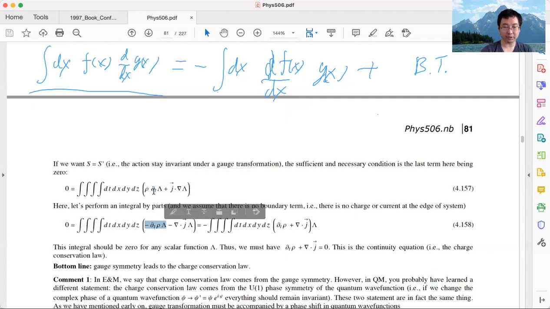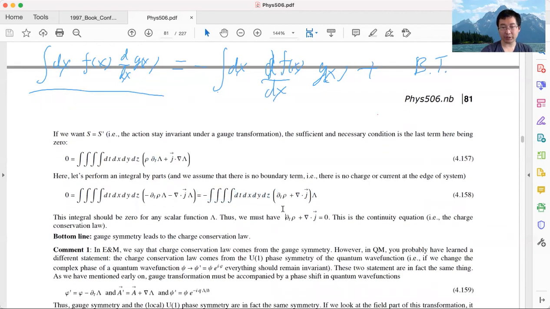Integral by parts: move partial t to rho, and a minus sign. Similarly, I move the spatial derivative from lambda to j, and get a minus sign. Now my derivatives go to j and rho. Lambda doesn't have a derivative anymore. I can pull this common factor lambda out, and this is what I get.